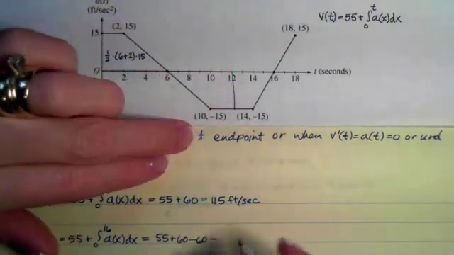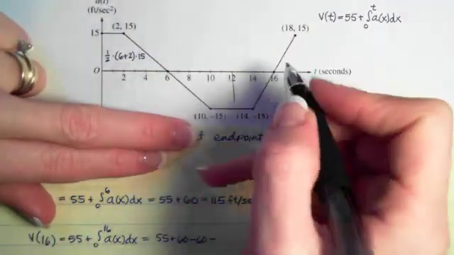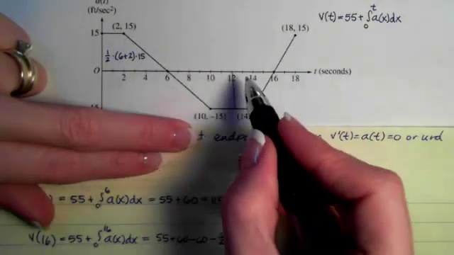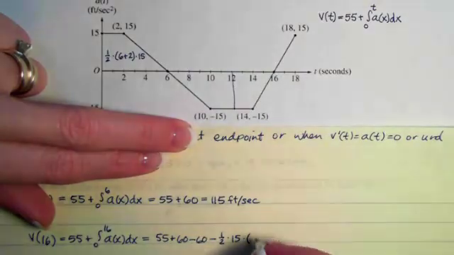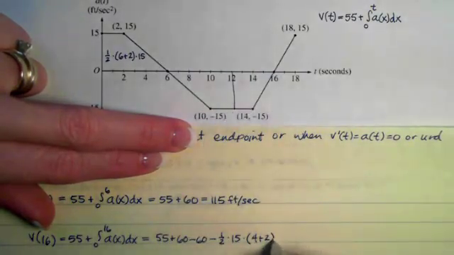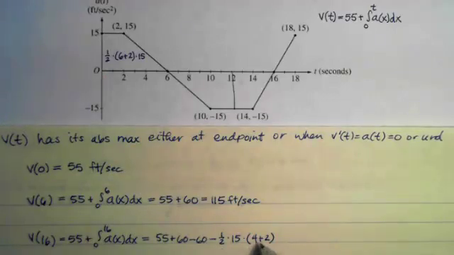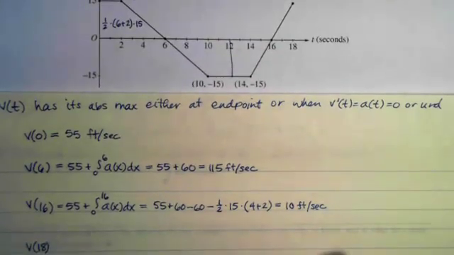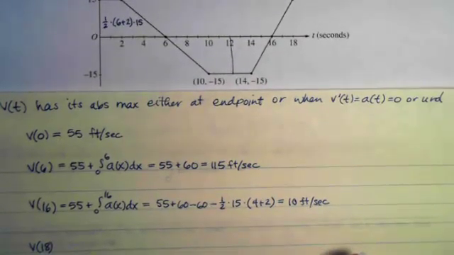And then I'm going to have some more of this, whose area is a 1/2 times the height is 15, and the bases are, looks like 4, and 12 to 14 gives me 2. So I got 1/2 of 6 is 3 times 15 is 45, so that 55 minus 45 gives me 10 feet per second.